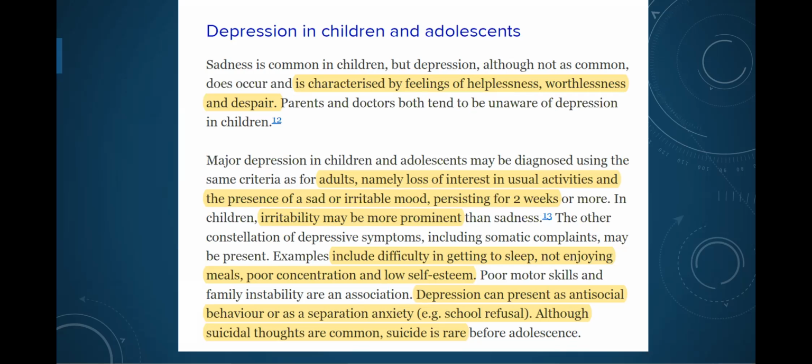Anyone? What's the best medication you can give to a patient with depression? I know SSRI, but which SSRI? Do you want to give fluoxetine, fluvoxamine, paroxetine, or which one?